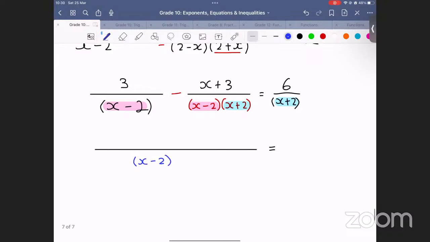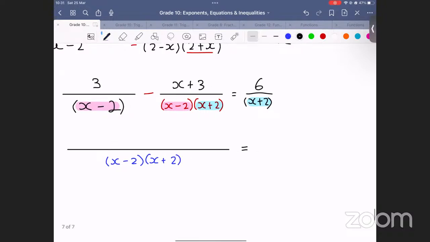That's the first bracket or variable. Then we talk about the next type of bracket, which is x plus 2. Its highest exponent is also 1. So my denominator is going to have to include x plus 2. Now I'm done with LCD, so I need to write it on this side of the equation as well.